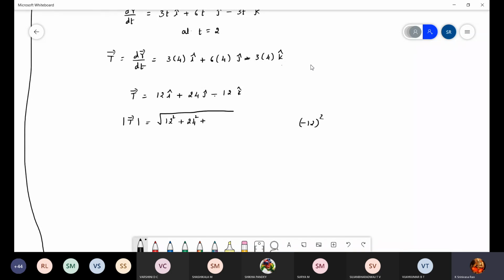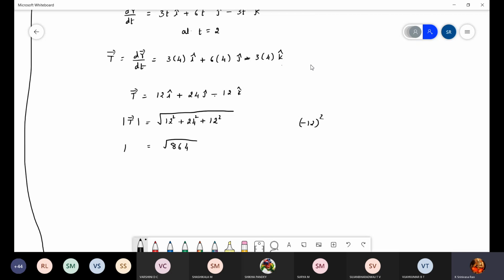So that gives plus 12 square only. This you calculate, you will get one number. Anyone? Will you answer? Square root of 864. Very good.